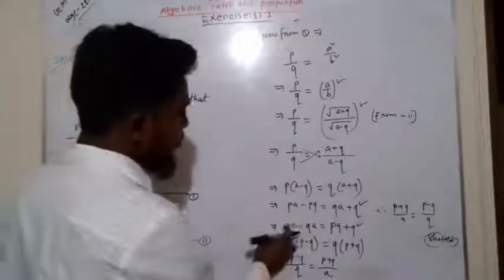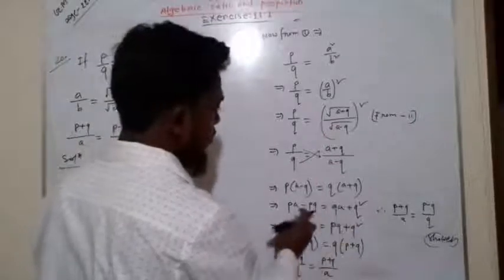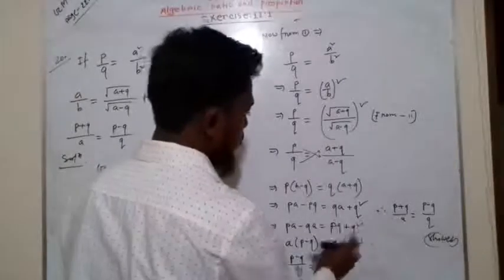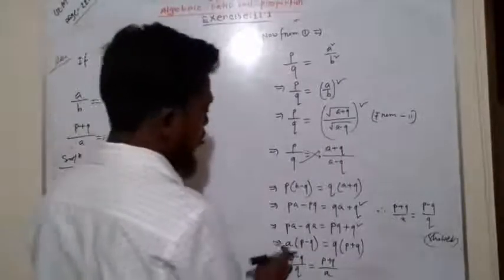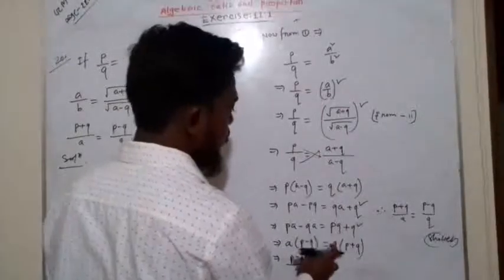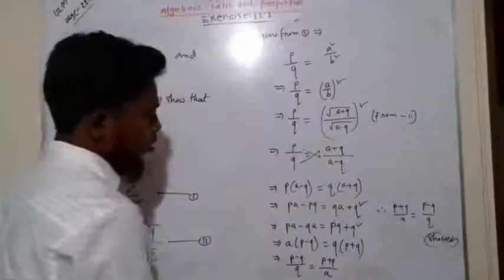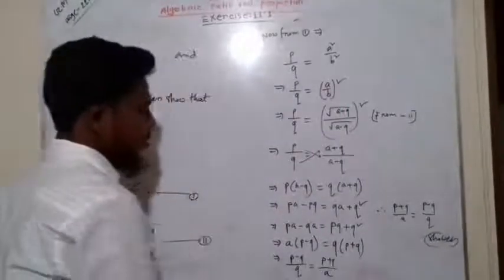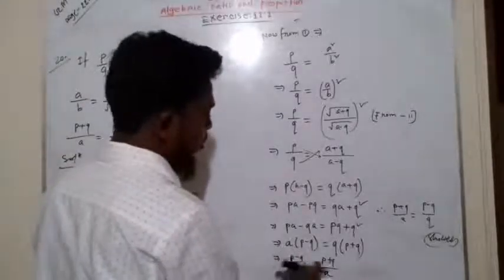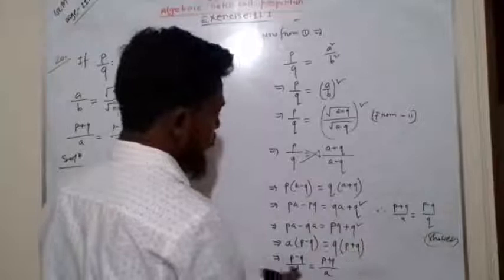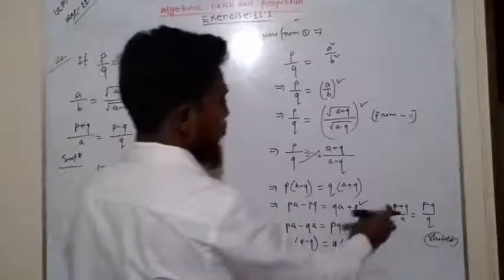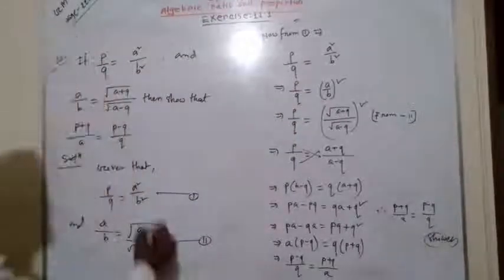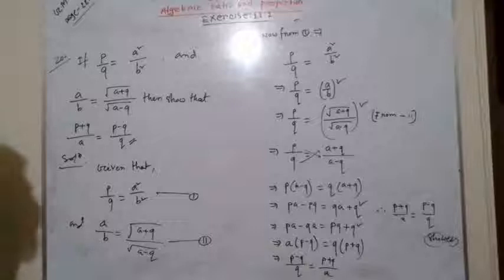So pa - qa, taking qa to the other side, equals pq + q². So we take a common: a(p - q) = q(p + q). Dividing by q and a, (p - q)/q = (p + q)/a. So we can write (p + q)/a = (p - q)/q. This is our solution.